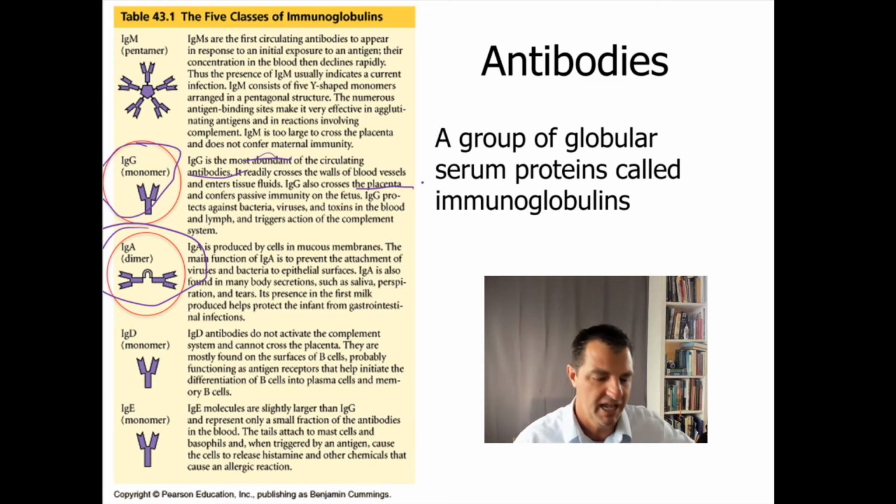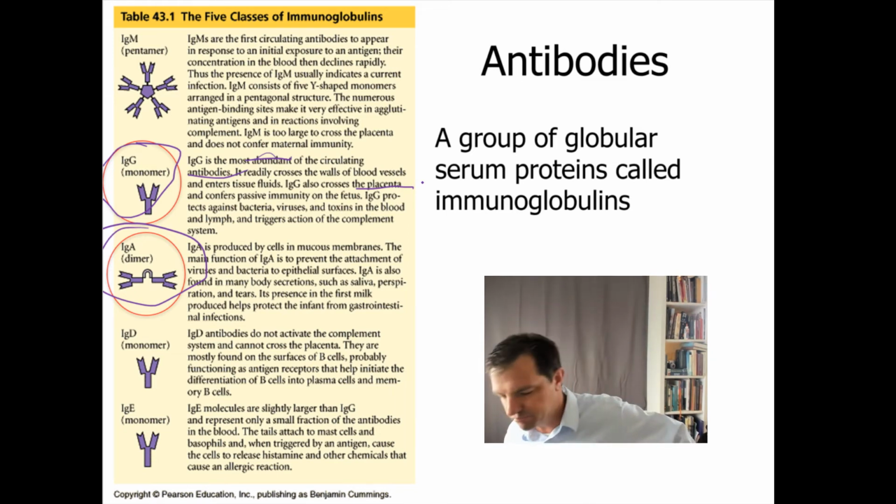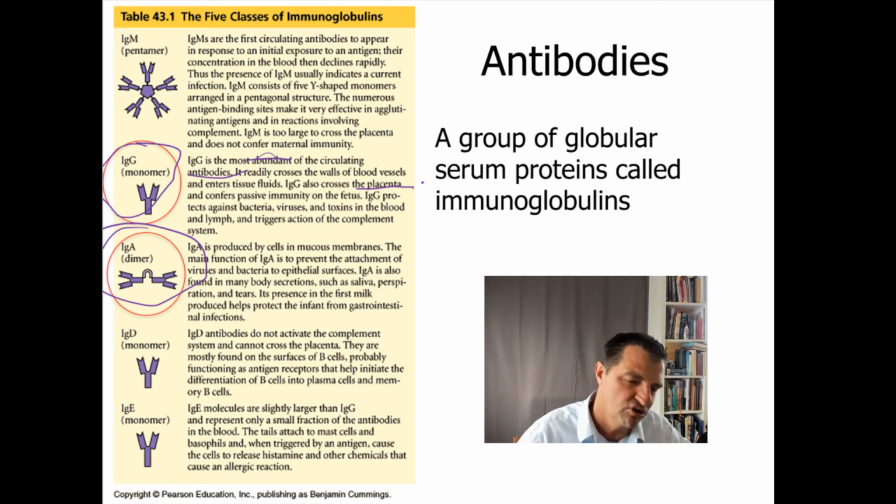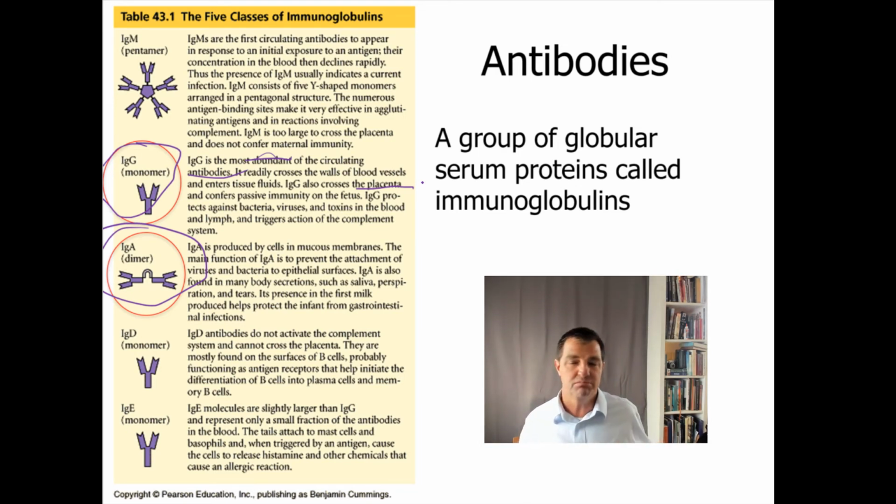So if a woman is pregnant and she's got a baby growing inside of her, the baby doesn't have a very good immune system before the baby is born. So the baby gets some immunity from mom because these IgGs can cross the placenta, so it somewhat protects the baby.